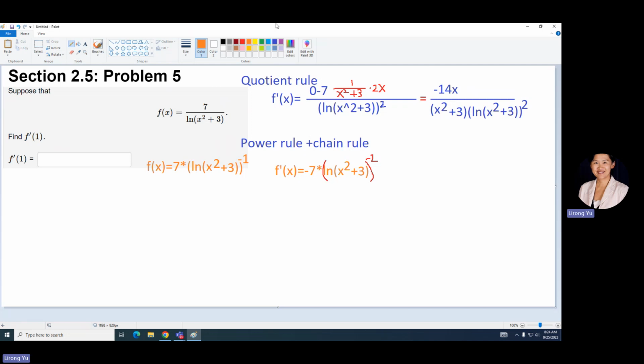If you differentiate the logarithm, you would have 1 over x squared plus 3. That's the derivative of the logarithm. So that takes care of the ln. Don't forget the logarithm also has an inside function. So outside, middle, and inside. Now we have to differentiate the inside function, which is 2x.